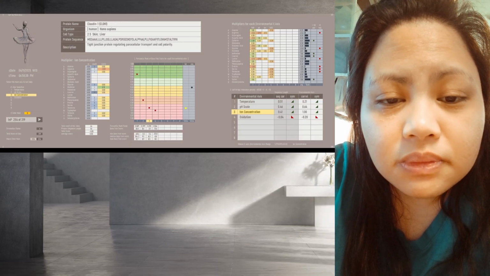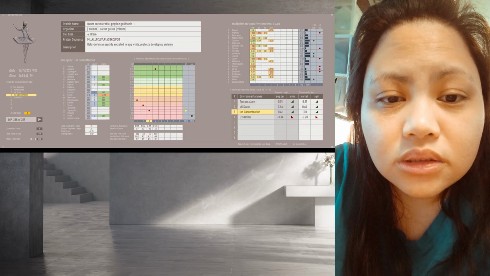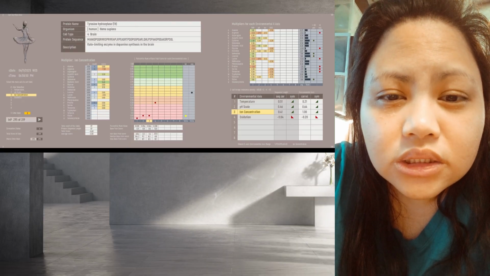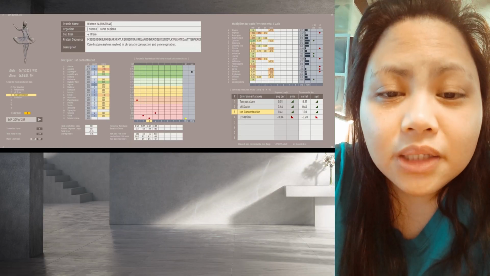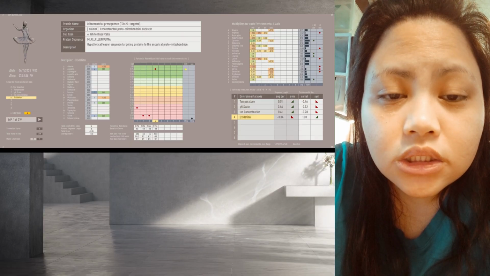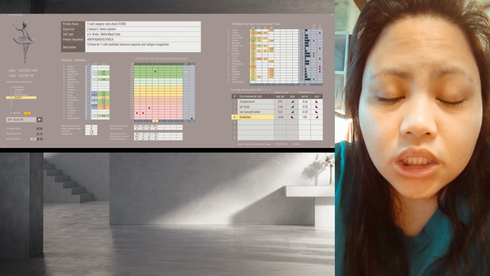Because each amino acid can mean something different for each, and I think there might be some that are safe only because they don't have any multiplier, like in the temperature, because temperature is everything.